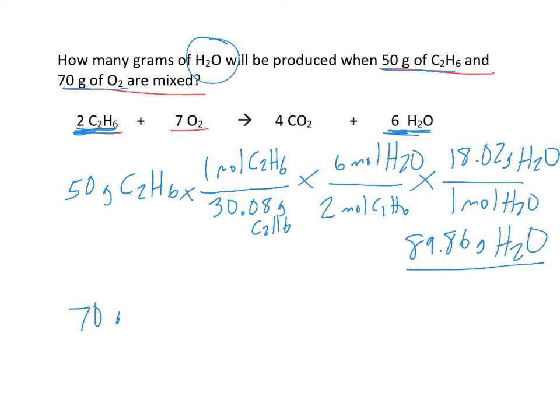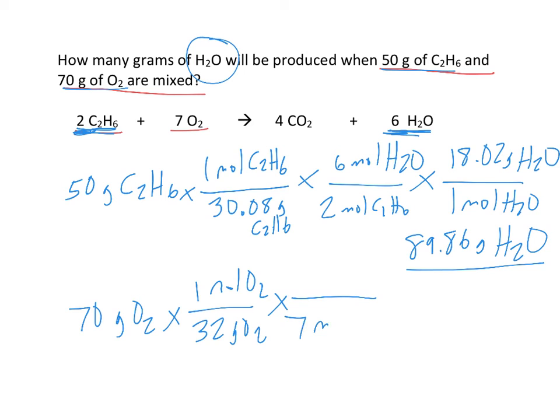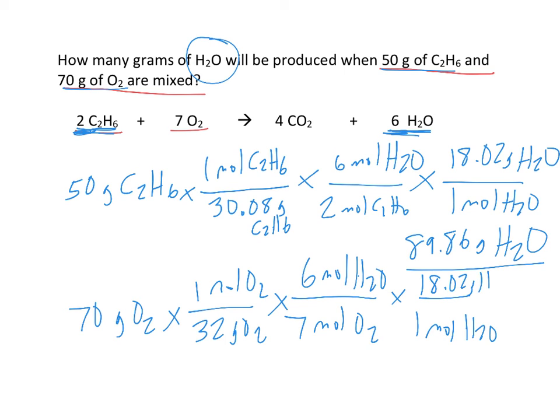Okay, so 70 grams of oxygen. I first have to convert it to moles. So there's 32 grams of oxygen for every 1 mole of oxygen. The ratio is every 7 moles of oxygen makes 6 moles of water. And then every 1 mole of water is 18.02 grams of water.